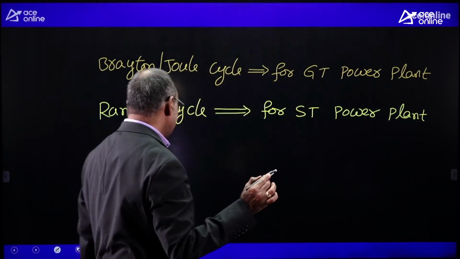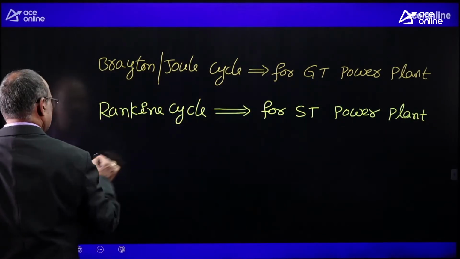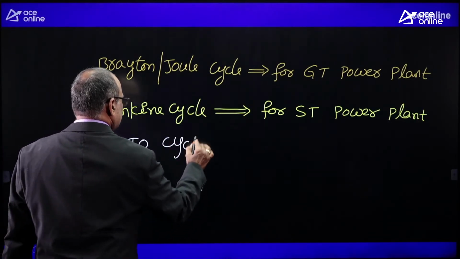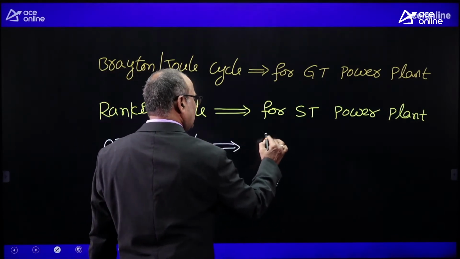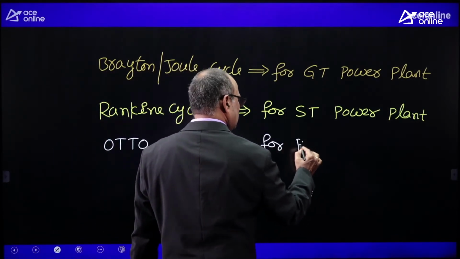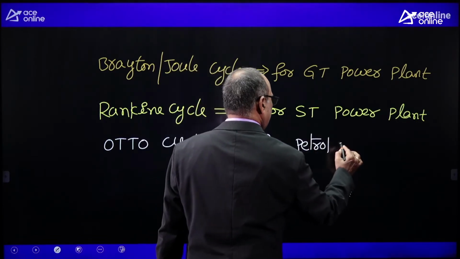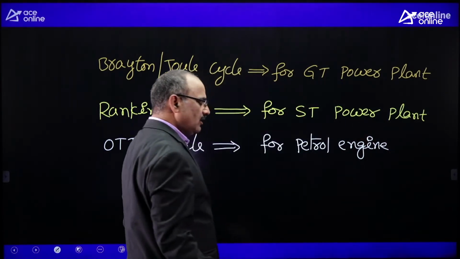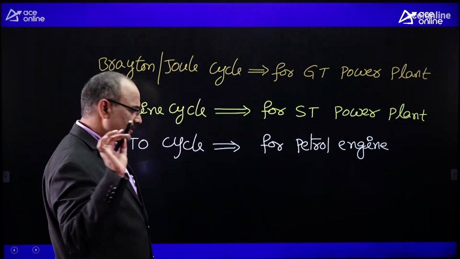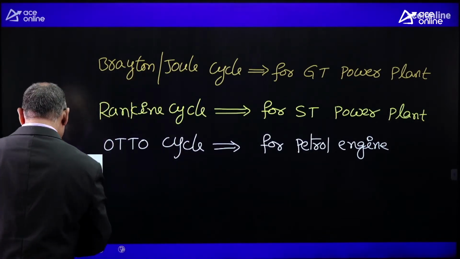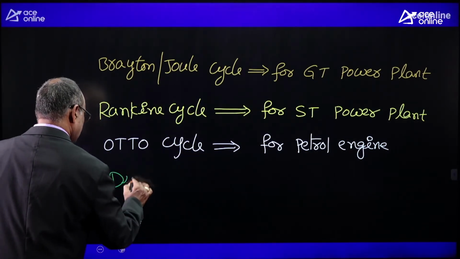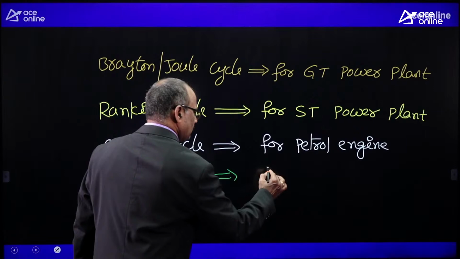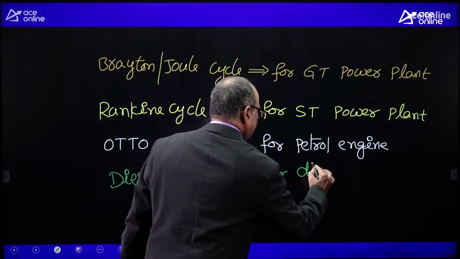Whereas the Otto cycle is the theoretical cycle for the practical petrol engine. Petrol engine can also be called a spark ignition engine. Similarly, diesel cycle is the theoretical cycle for the practical diesel engine.